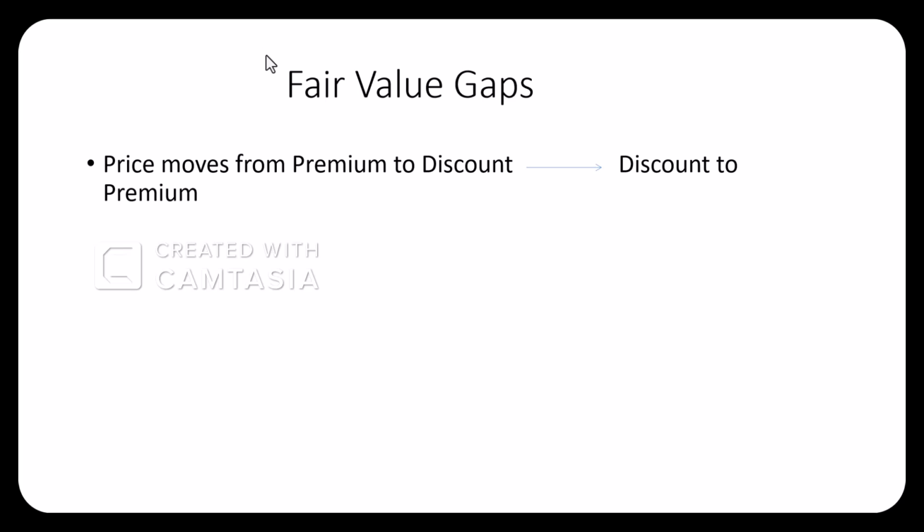This right here is a perspective. I'm not just saying price moves from premium to discount to premium. This is a perspective which I'm bringing to you, that price moves from premium to discount, and discount to premium.